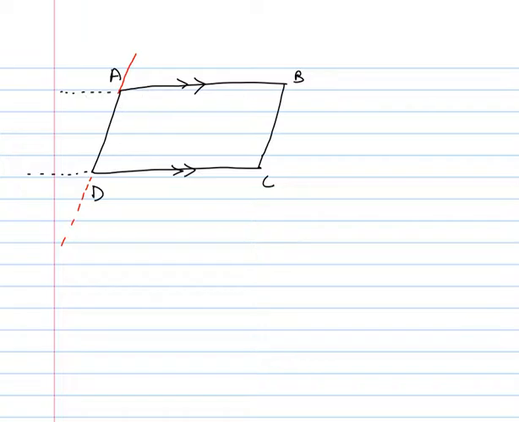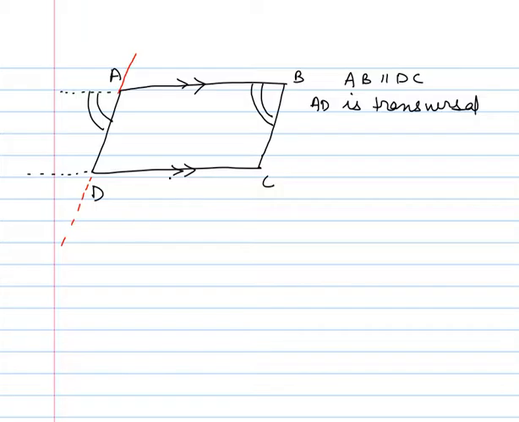Now if we look, it is clear that AB is parallel to DC, whereas AD line is a transversal. This AD is behaving as a transversal line to these two parallel lines. Therefore, this angle is equal to this angle. Right?